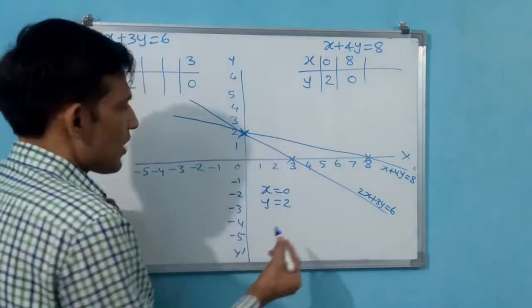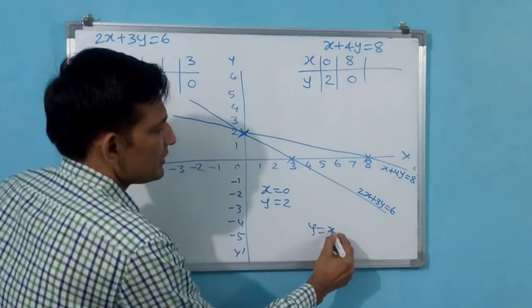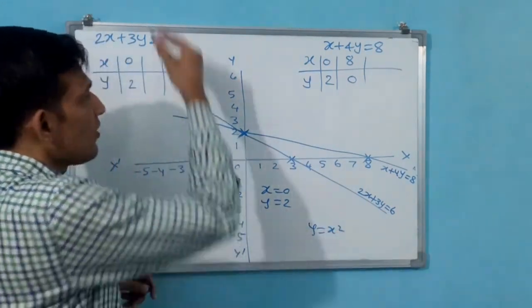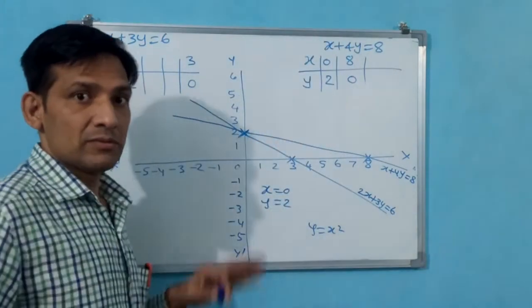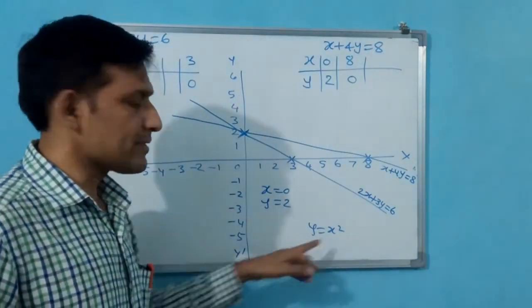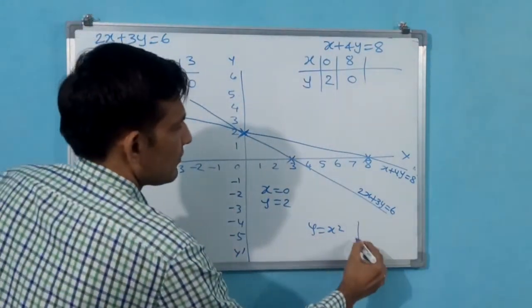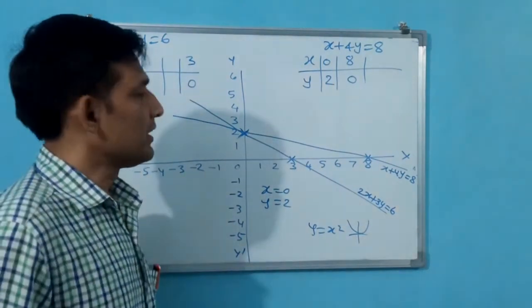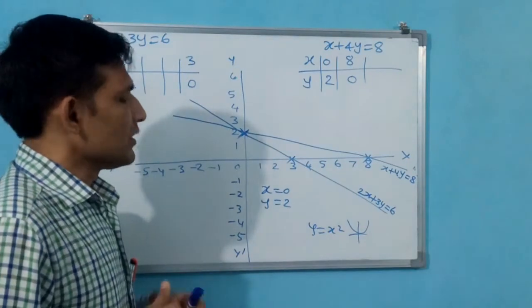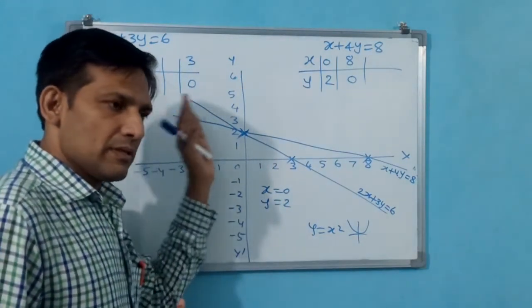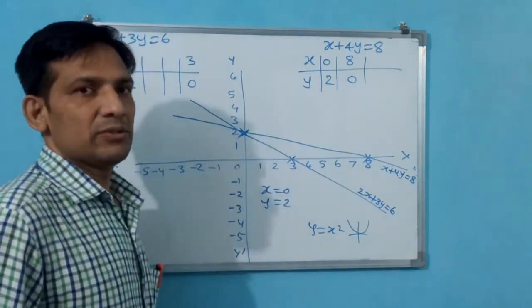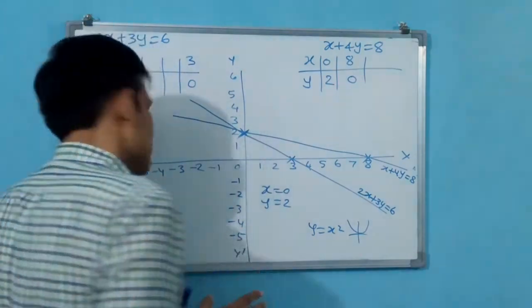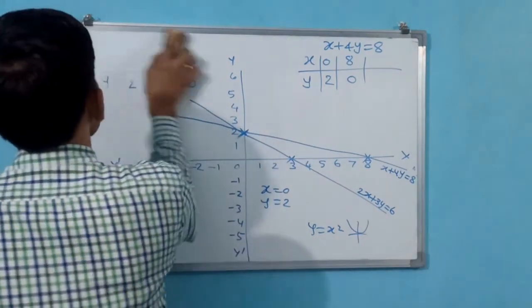But when it comes to square, like y is equal to x square, the graph is going to become a curve, not a straight line. If square has come, it means parabola, we have seen earlier. And we even find variables by graphical method also. These we have learned in this basic class.